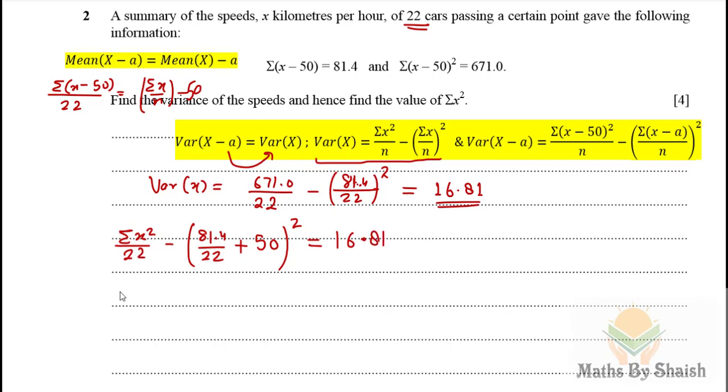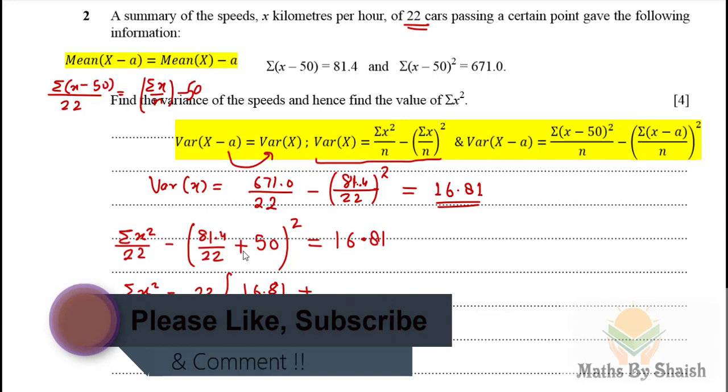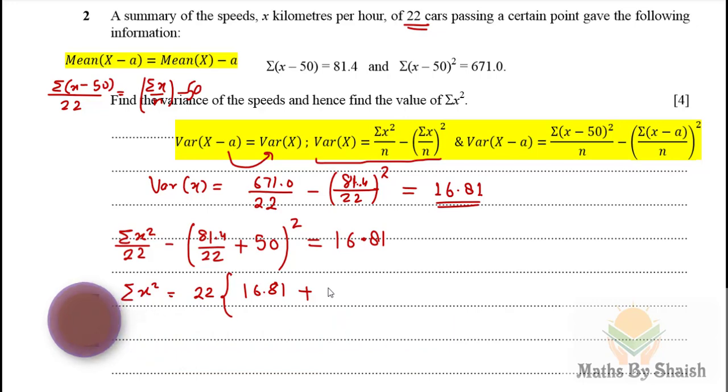Now we can calculate the unknown, so we will write sigma of x squared equals 22 times 16.81 plus this value altogether, which we will calculate: 81.4 divided by 22 plus 50 is 53.7, and then its square.